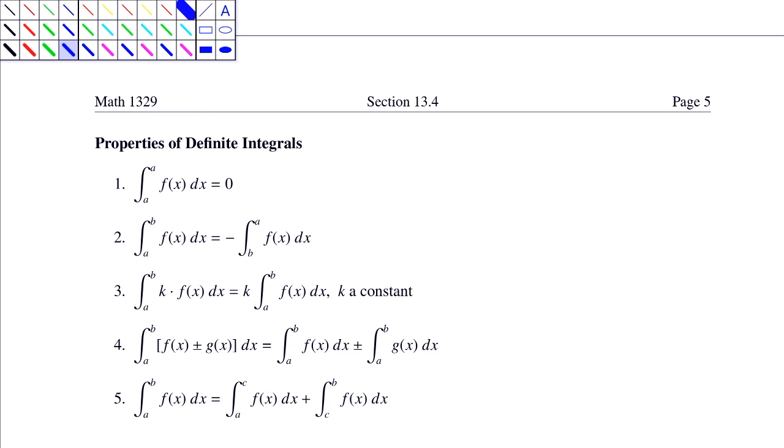So if you go from A to B, then that is the opposite of going from B to A. So suppose you were going to integrate from -2 to 1, then that's some number. But that would be the opposite of going from 1 to -2.